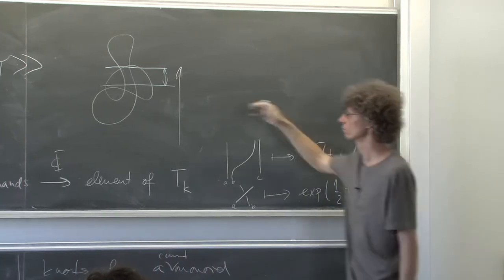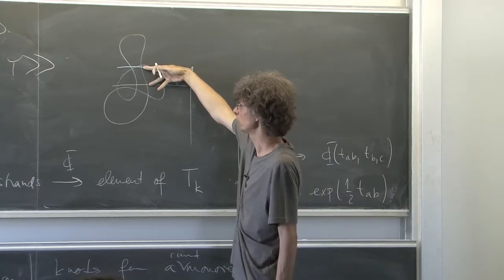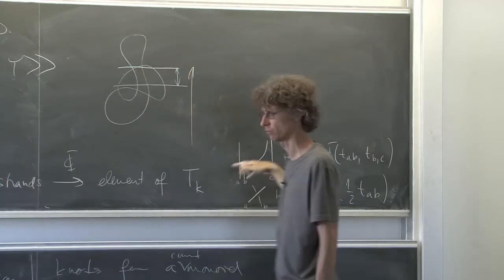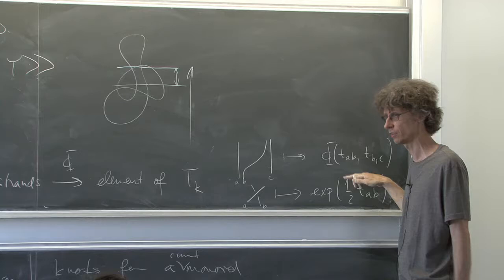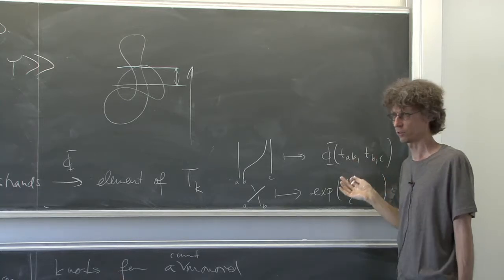Cool. So for any such portion of the knot, we have a thing like that, and now we interpret it as a chord diagram.